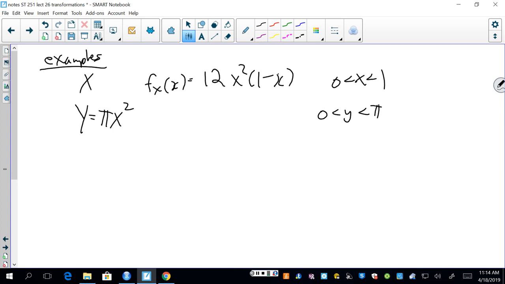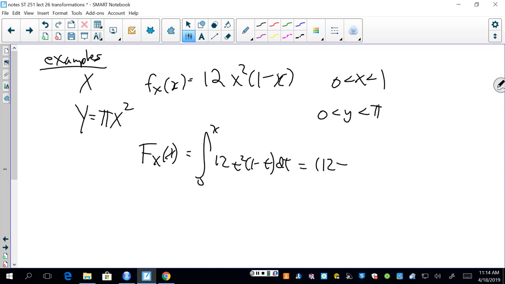This is the PDF method. The cumulative distribution function of x, if we want to find that, would be an integral from 0 to x of this density. I'm going to put a t in here in place of x, because like always, if that x is up there, it just gets confusing.